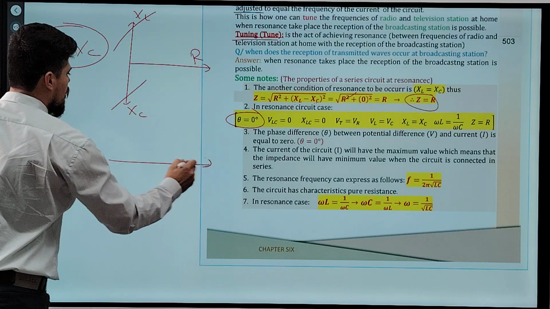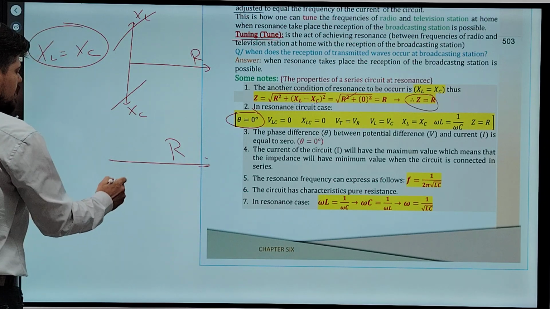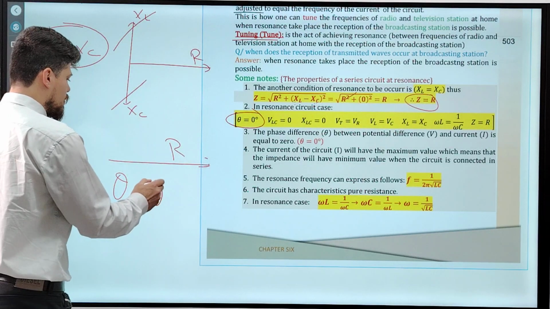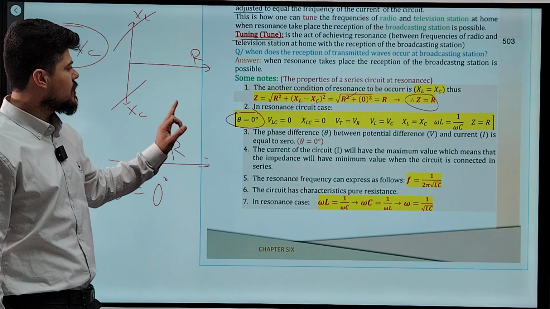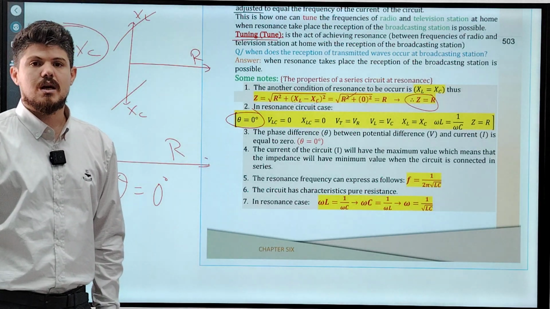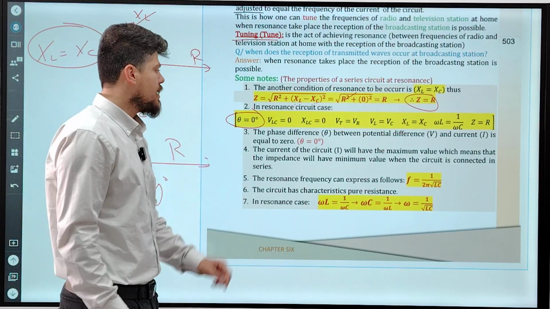Only resistance remains, and the phase angle between the total potential difference and the current is 0. One of the conditions of the resonance circuit is that the angle between the total potential difference and the current is 0. They are in phase.